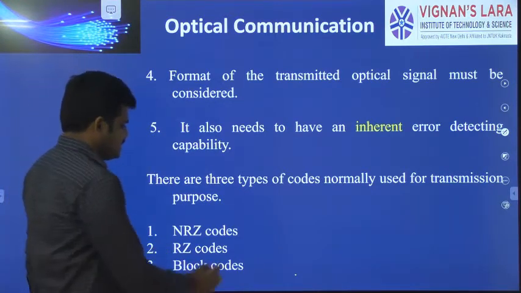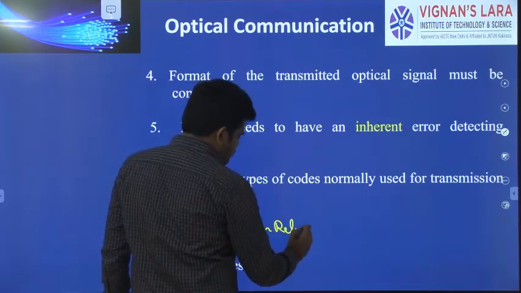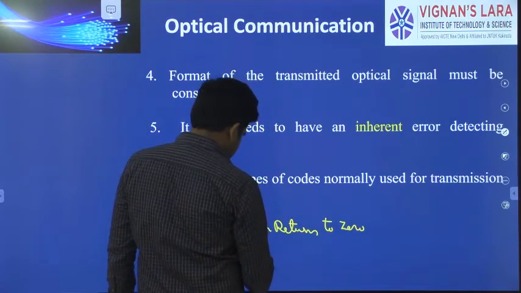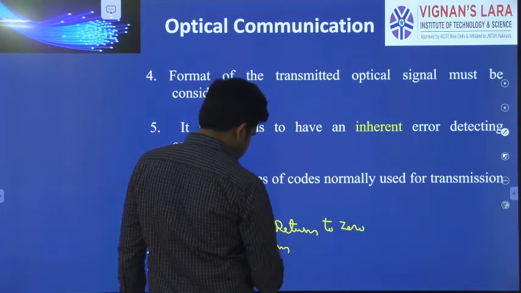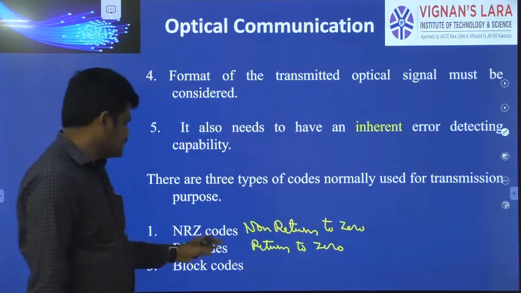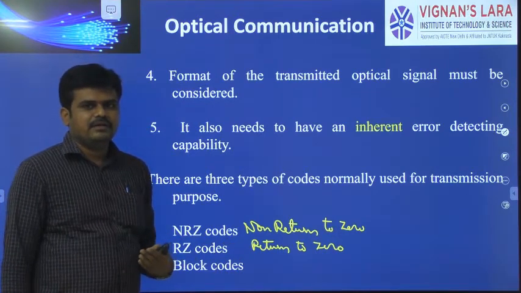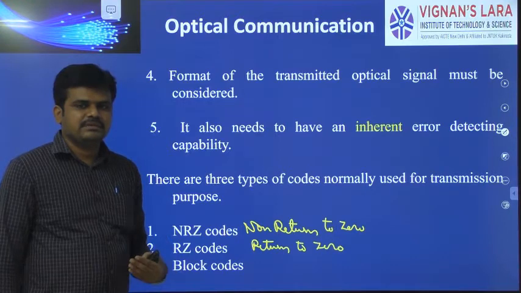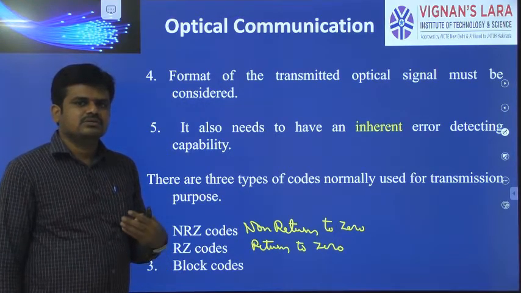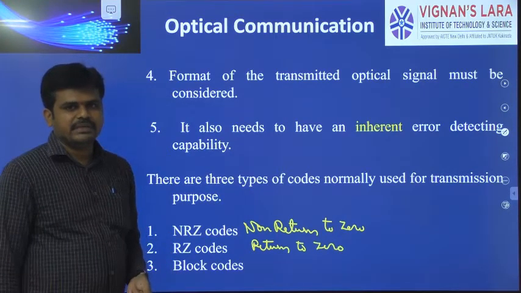One is NRZ, non-return to zero. RZ means return to zero. NRZ codes, RZ codes as well as block codes are the line coding techniques generally preferred to transmit the data in an optical communication system.